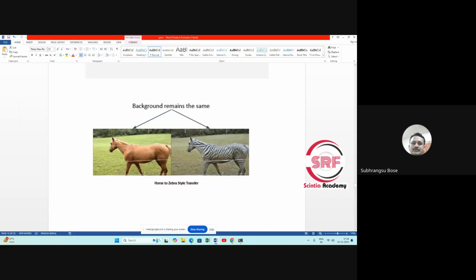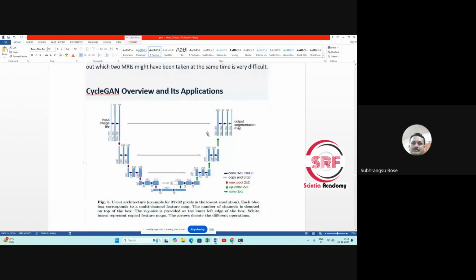The outside background is the same for both cases. That's why this background skips from one layer to another layer.